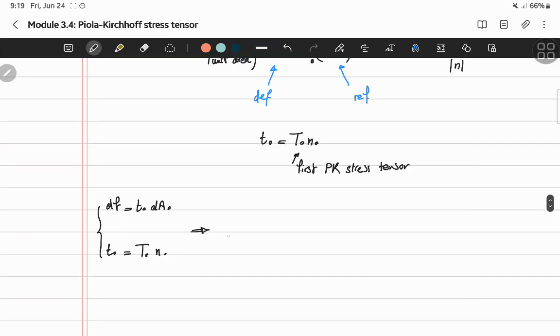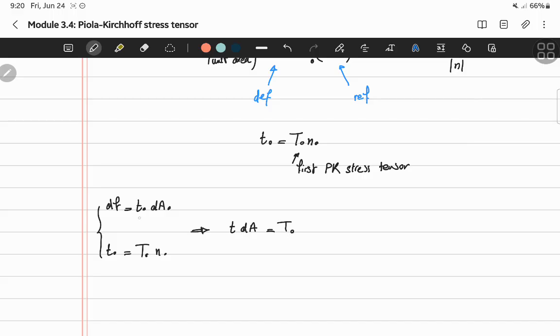So therefore, I will have df, which I can write as T dA, because this is basically my force in the deform configuration. So I have T dA is equal to T0.